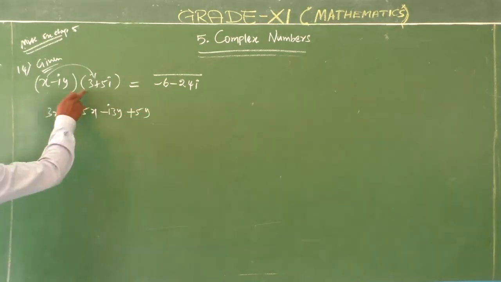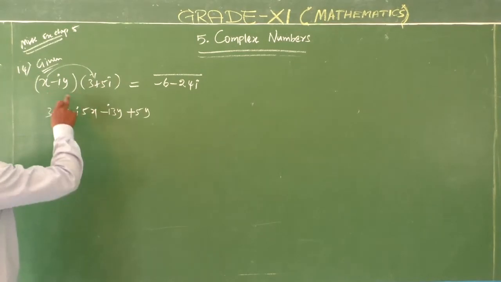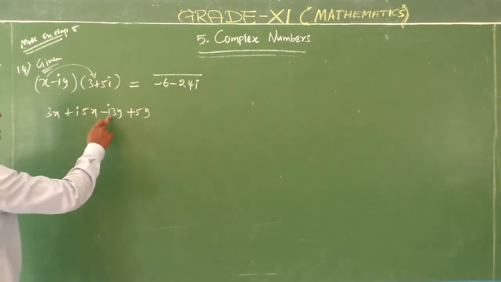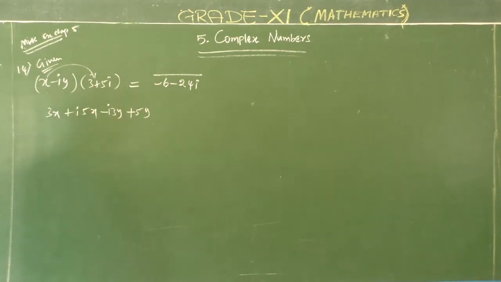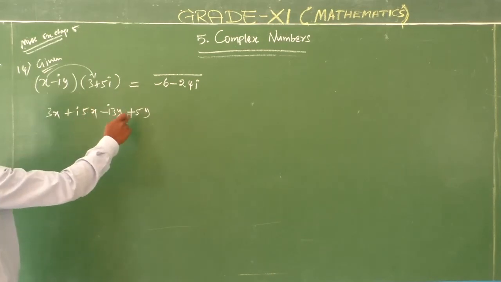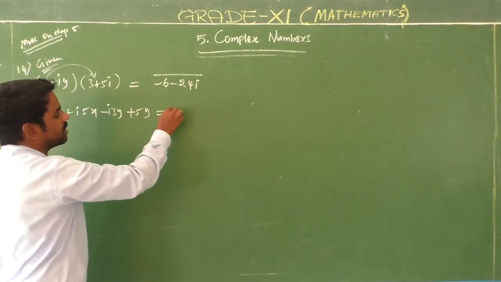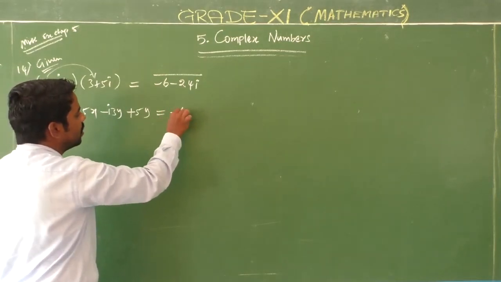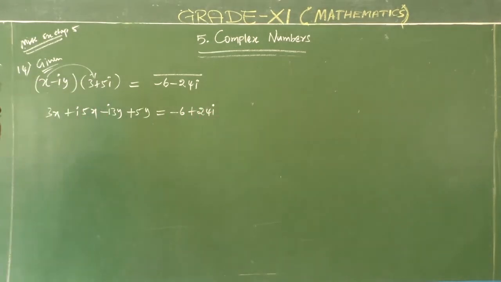So 3x plus 5ix minus 3iy plus 5y, where minus i square is plus 1. This is equal to the conjugate of this complex number, which is minus 6 plus 24i.